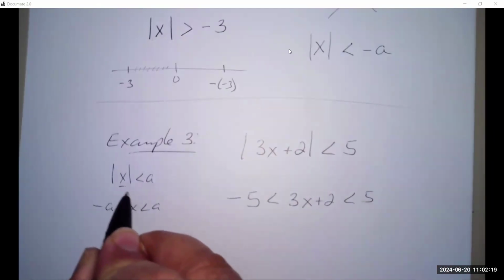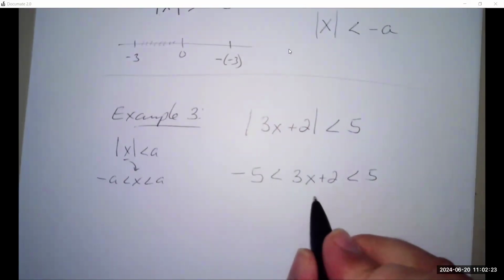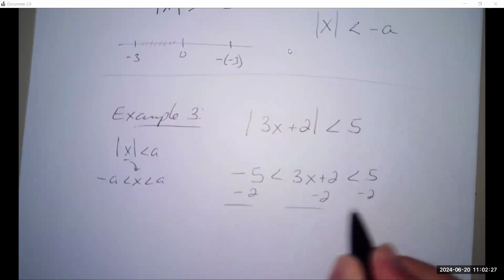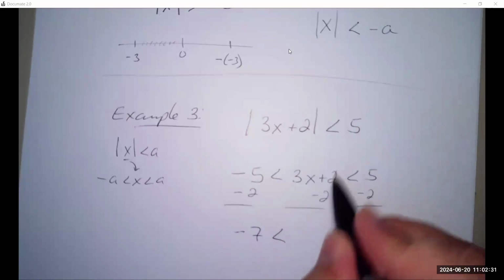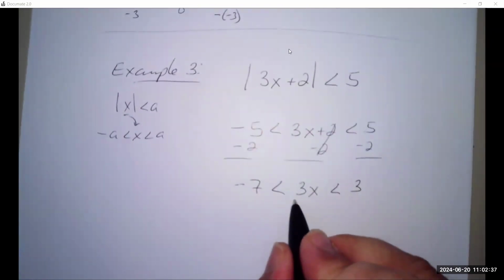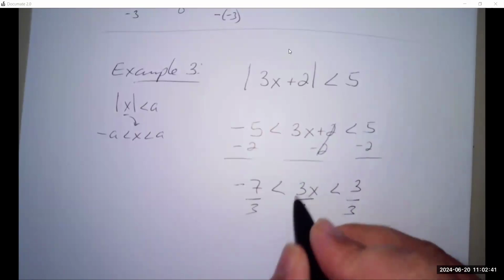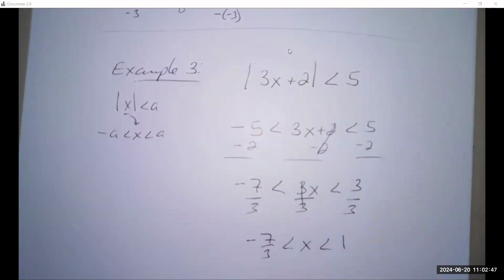So whatever's inside there goes inside that, in the middle. Subtract 2. -7 is less than 3x is less than 3. Divide by 3. So -7/3 less than x less than 1.